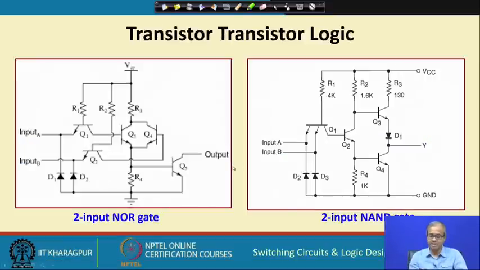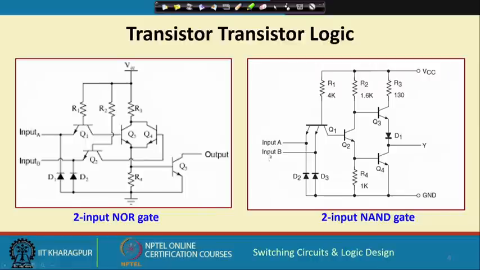Then came transistor logic, where diodes were replaced by transistors, which made it switch faster. See, I am not going into detail of the explanation. This is the circuit diagram of a 2 input NOR, this is the circuit diagram of a 2 input NAND. Let us say NAND gate.